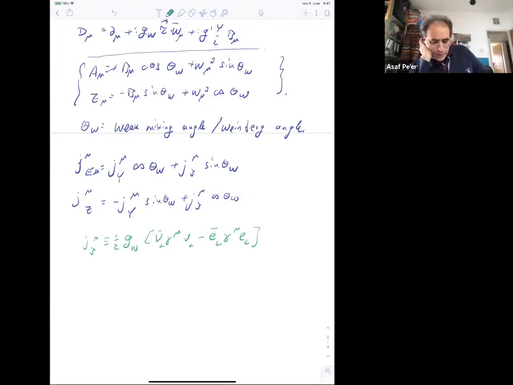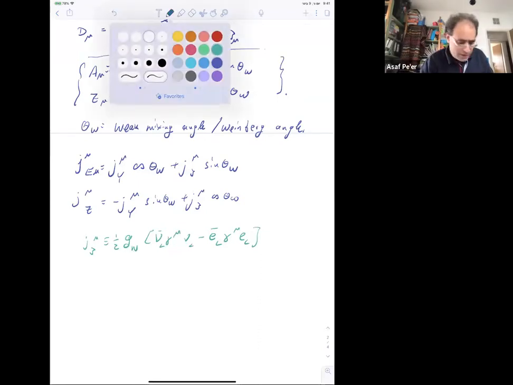Now the fermionic current that couples to the B. Again, this is a neutral one, so it just couples the current of the left and right-handed neutrinos and electrons, and we can think of them as being coupled separately.